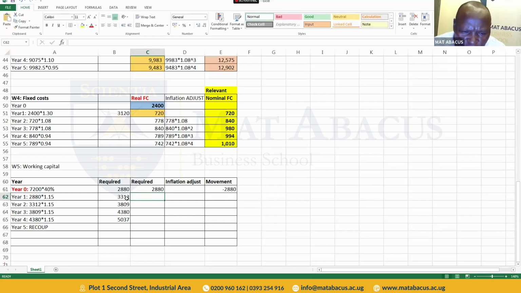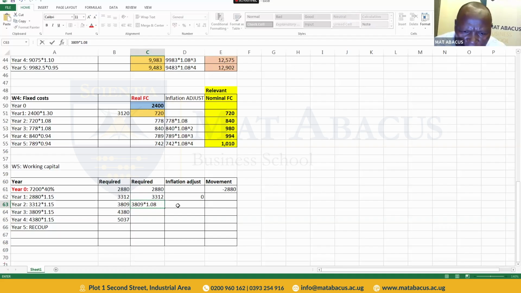Inflation starts in year 2. Therefore, this figure of 3312 remains as 3312. But here, there is no figure there. So when I come to year 2, I'm going to have the 3380 and adjust it for inflation.